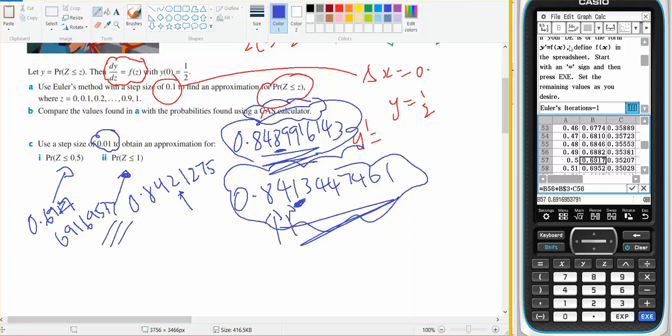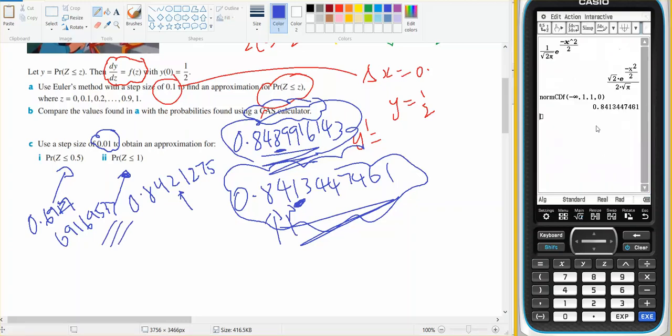And to double check that against CAS, if I come to Main and I make that 0.5, and then recalculate it, that's the actual answer, 0.69146, and that was 0.69169. That's number 7.